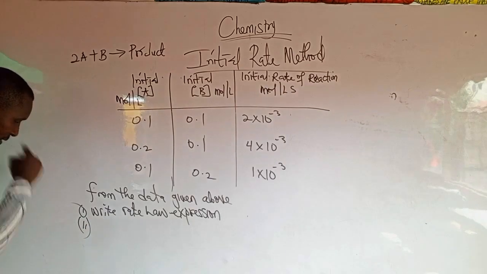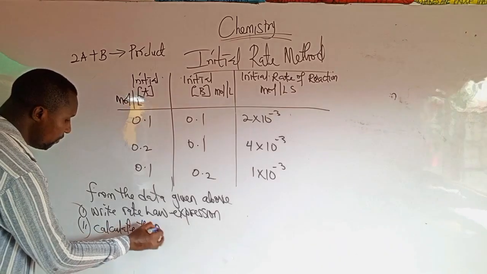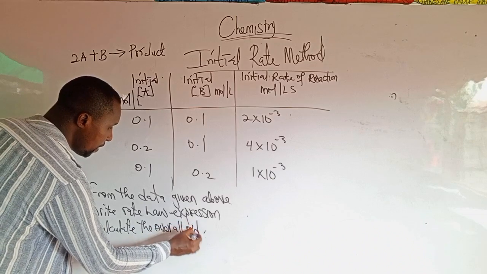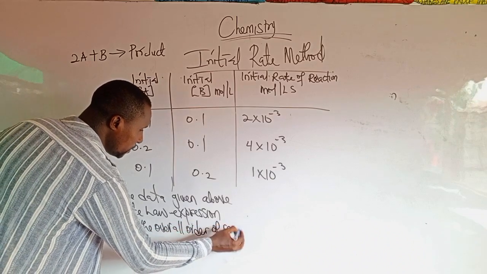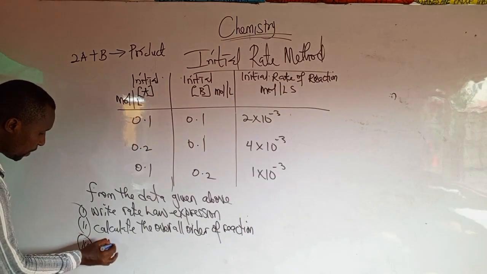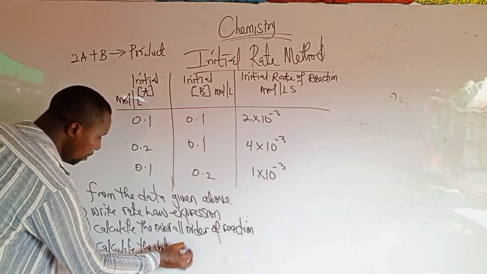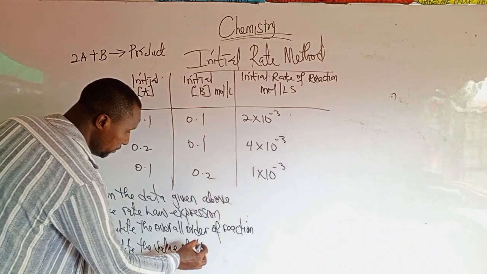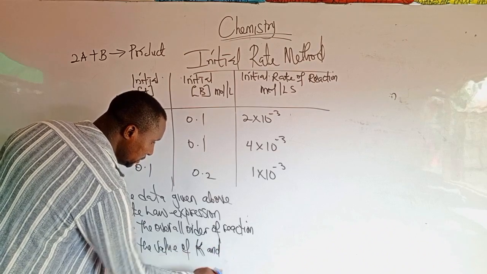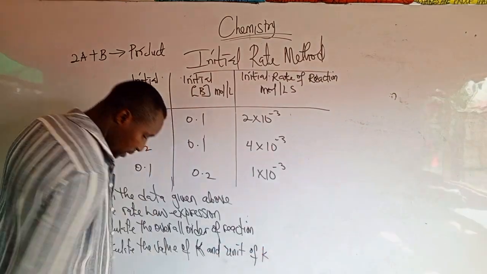Roman figure 2, calculate the overall order of reaction. Roman figure 3, calculate the value of rate constant K, and get the unit of K. Let us look at this question.